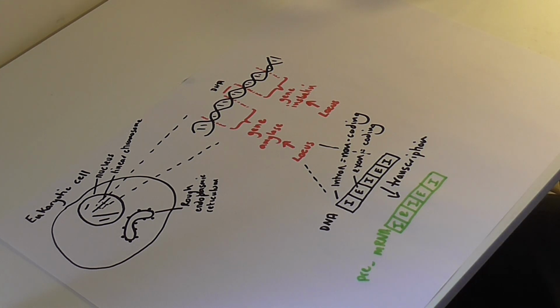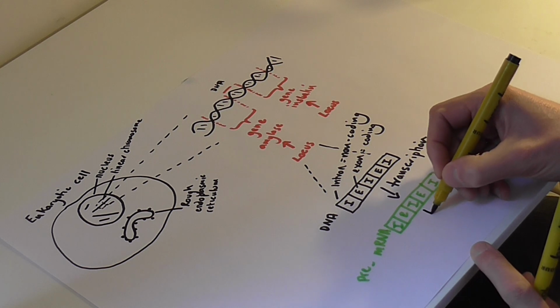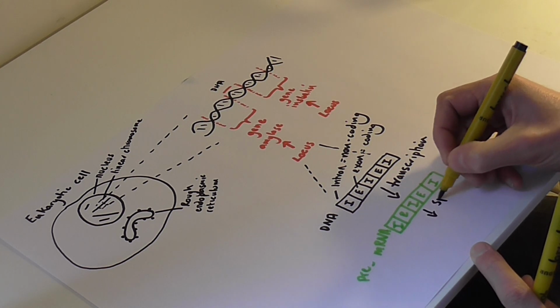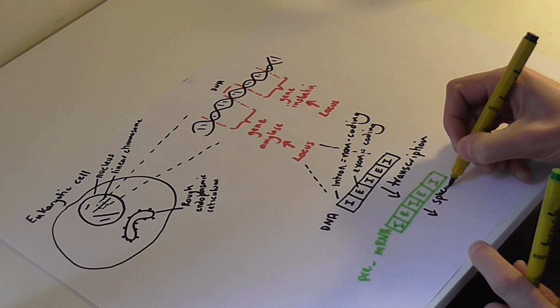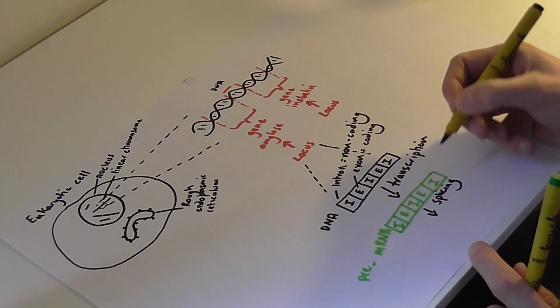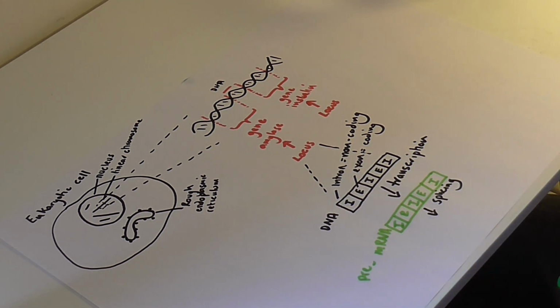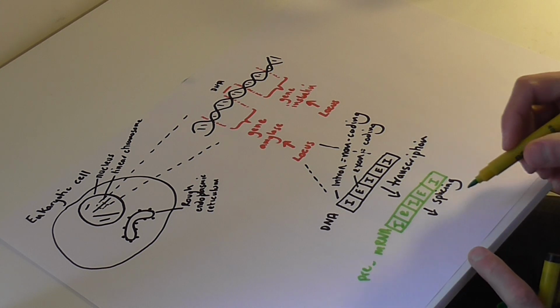In a process called splicing, what happens next, as you can probably guess, is that all of the non-coding introns are removed.